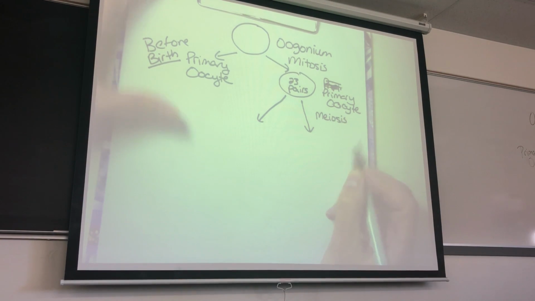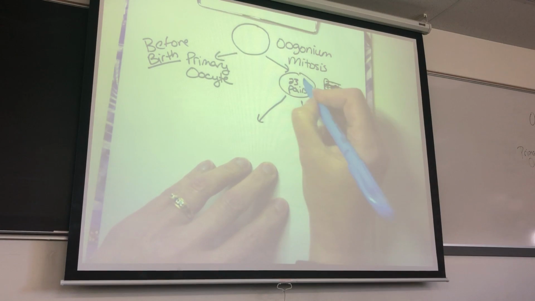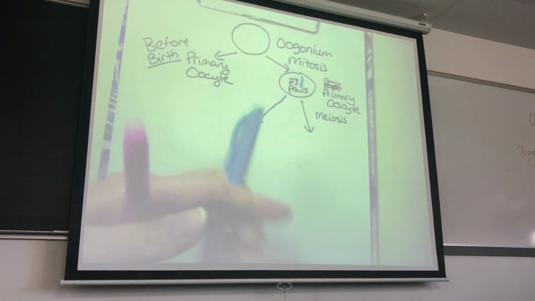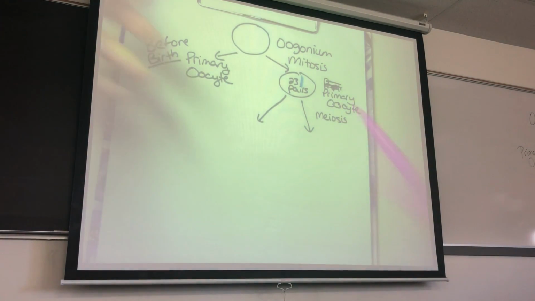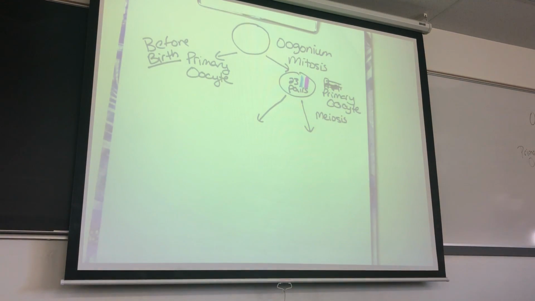Okay, so if you remember, we have 23 pairs of chromosomes here. So here's paternal, here's maternal. That's a pair because they both code for the same exact thing, right? They're both coding for the same thing.